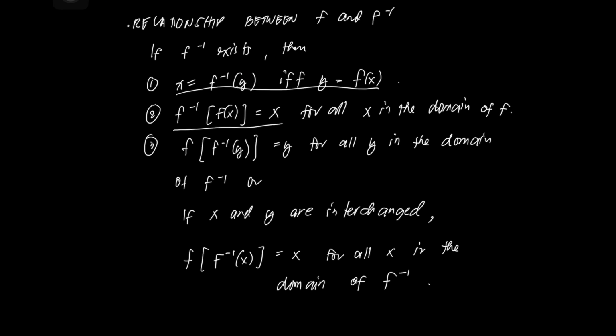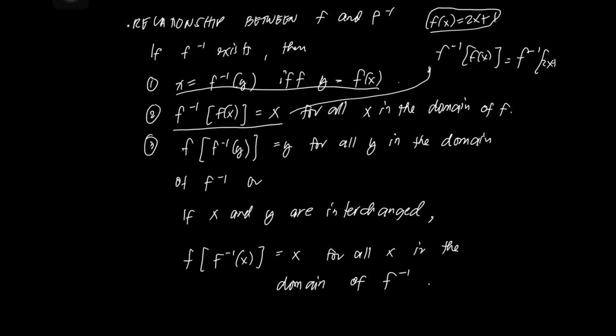So if we expand this, what is f of x? Remember, we have f of x equal to 2x plus 1 from our example. So that is the inverse of 2x plus 1. And what is our 2x plus 1? That is our y.